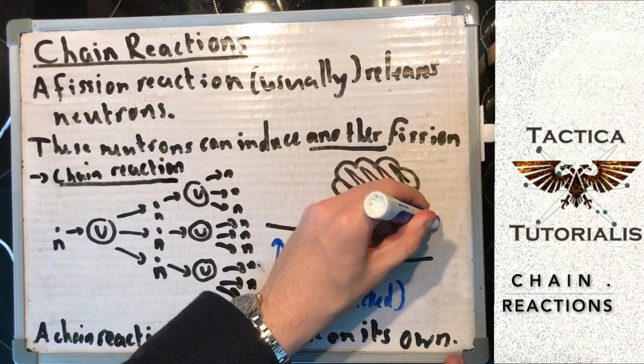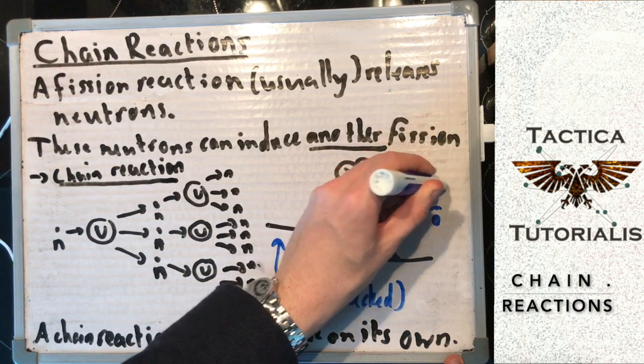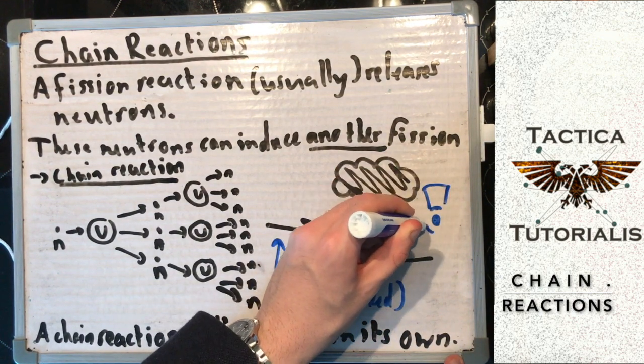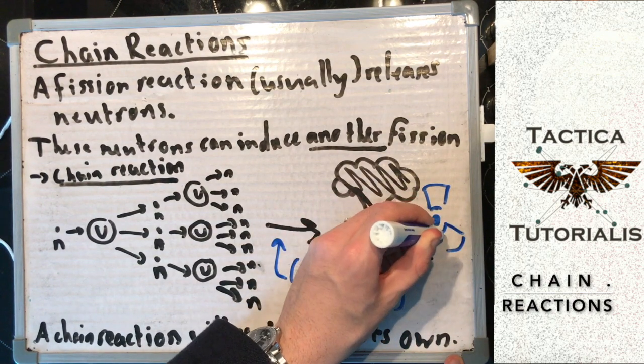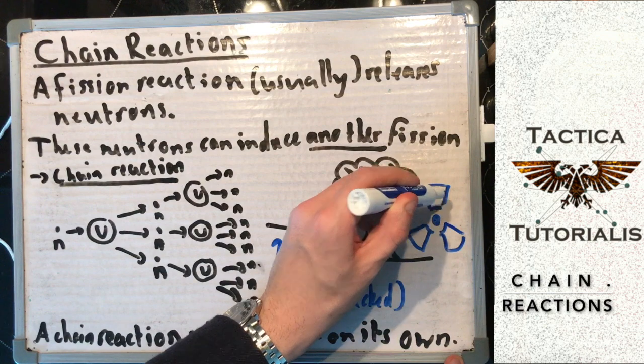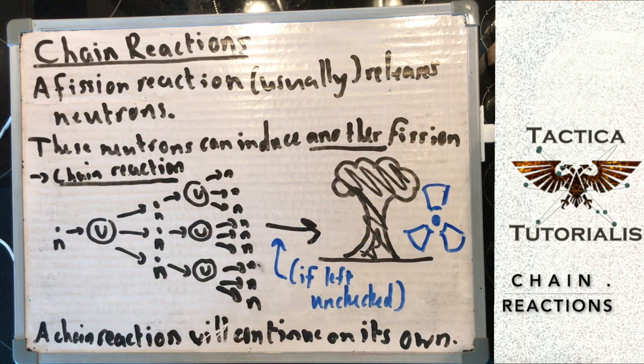In fact, I'll make it doubly clear that I haven't drawn a tree. I don't know why I'm so good at drawing this symbol by eye, but there we go. If a chain reaction goes uncontrolled and unchecked, boom.